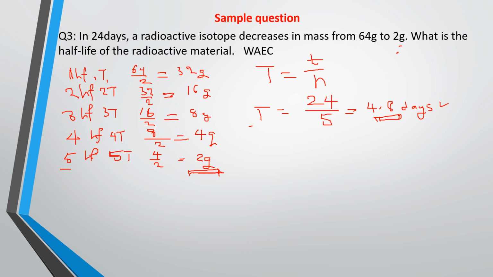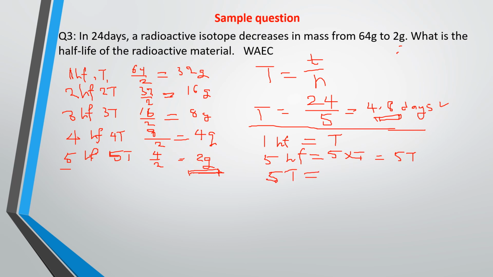Or you can still solve this problem by seeing that one half-life is equal to T, so 5 half-lives will be equal to 5 times T. We said that 5T is equal to the decay duration, which is 24. So T, your half-life, is equal to 24 over 5.